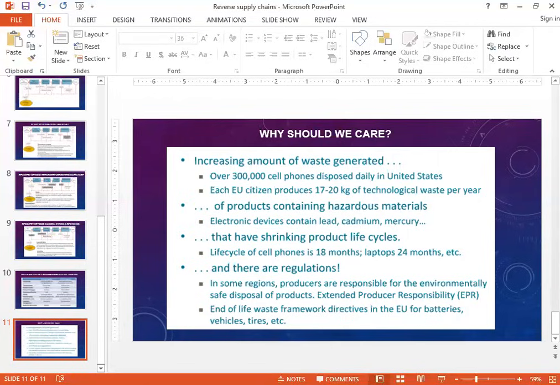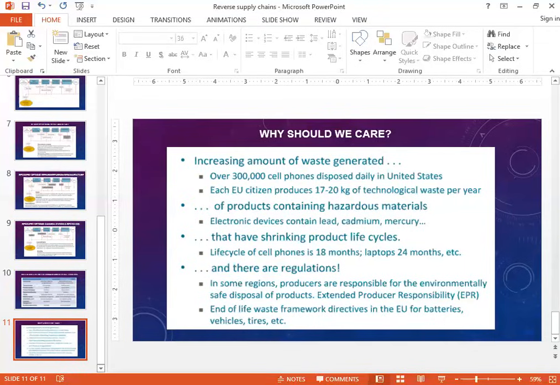And the reason is that we, as the world overall, are increasing the amount of waste that is being generated. So just to give you an idea, over 300,000 phones are disposed daily in the United States. So that's a lot of phones that are just being thrown away, finished in one day.